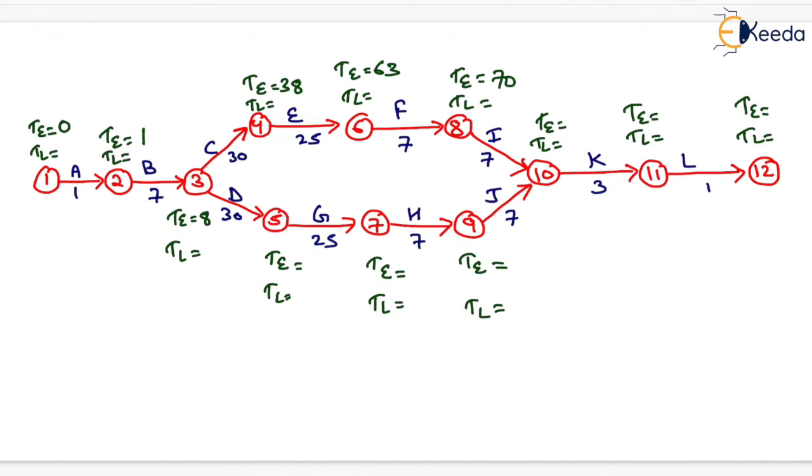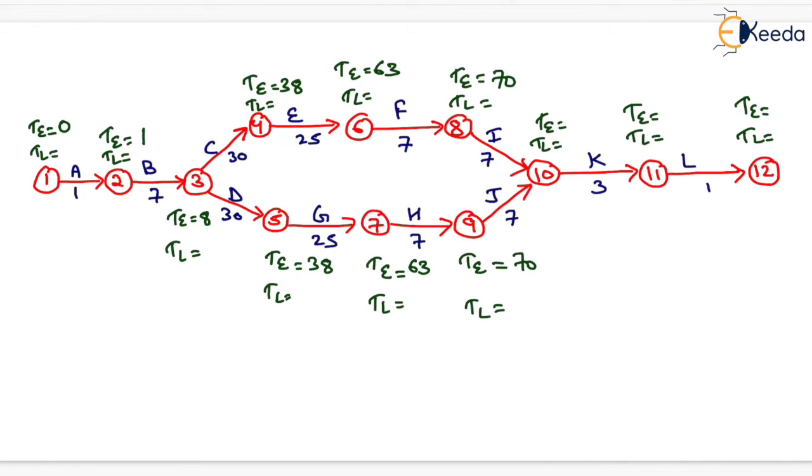Now for event 5 it will be equal to 8 plus 30, that is 38, which is shown here. Now for event 7 it will be equal to 38 plus 25, which will be equal to 63, which is written here. Now for event 9 it will be equal to 63 plus 7, that will be equal to 70, which is shown here.